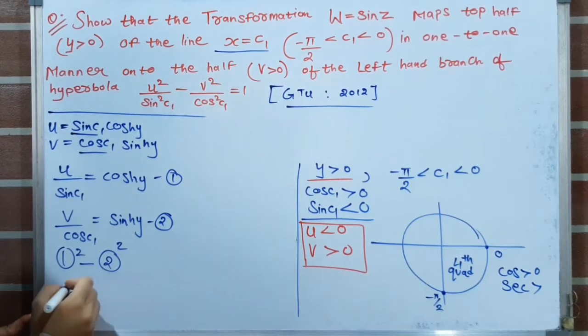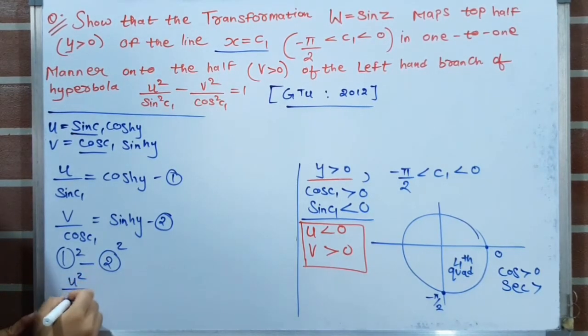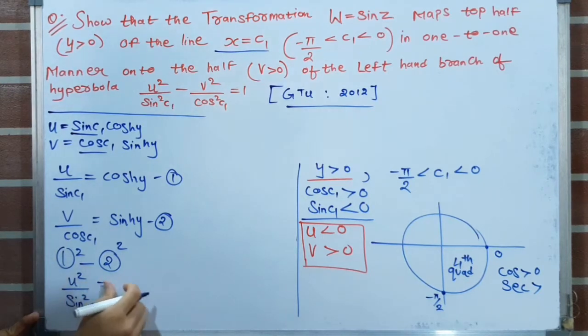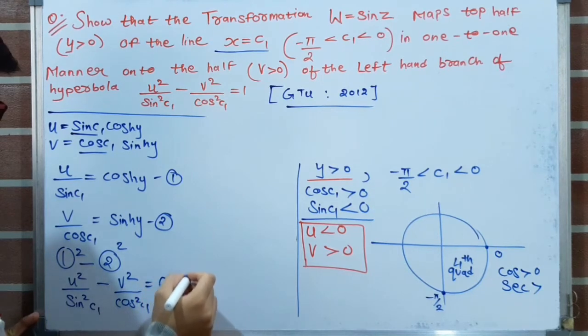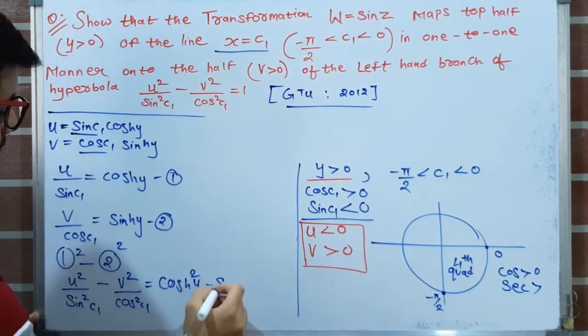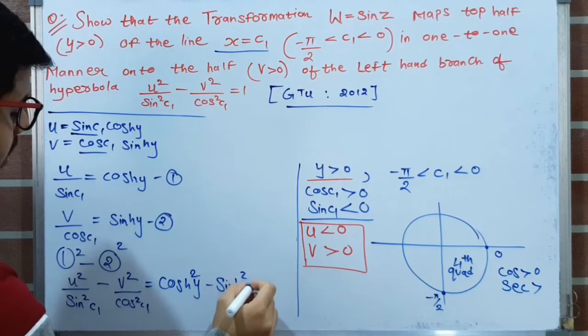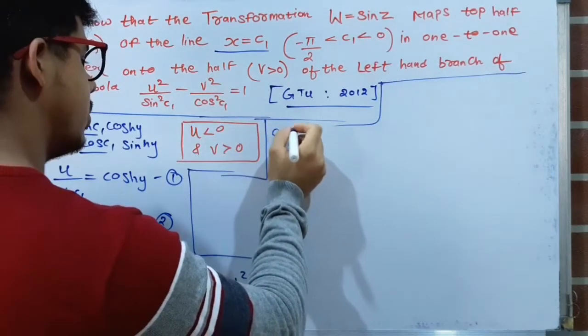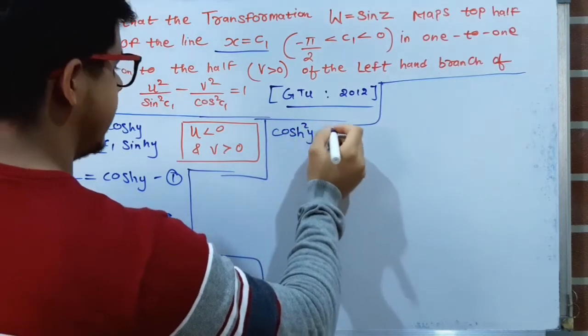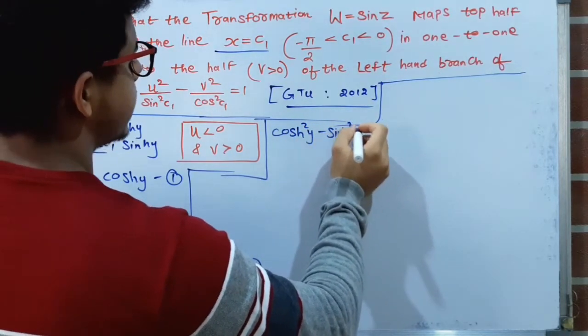So we will get u square upon sine square of C1 minus v square upon cos square of C1 equals cos hyperbolic square y minus sine hyperbolic square y.